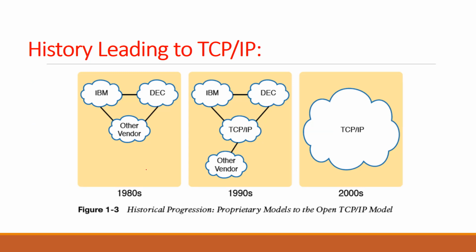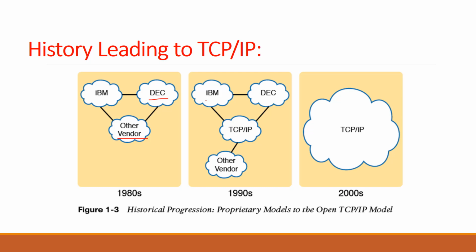As you can see here, IBM with its SNA, there was also another networking model called DEC, and other vendors also created their networking models. So in the late 1980s, more than three networking models existed. In the 1990s, TCP/IP started to be presented, and it came onto the scene.